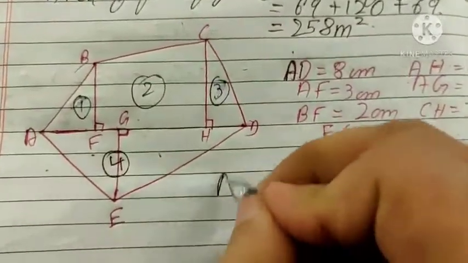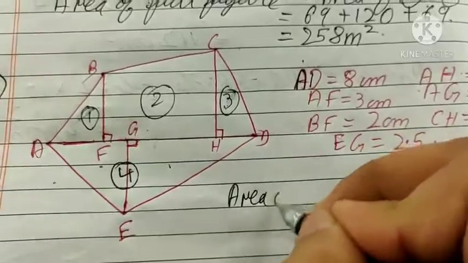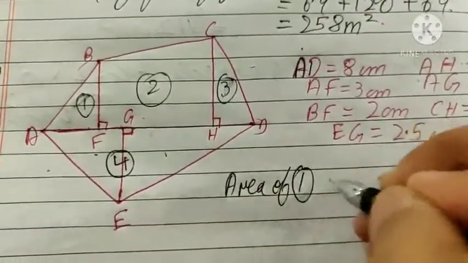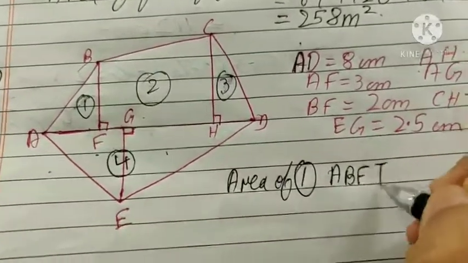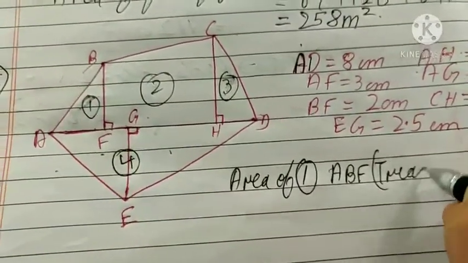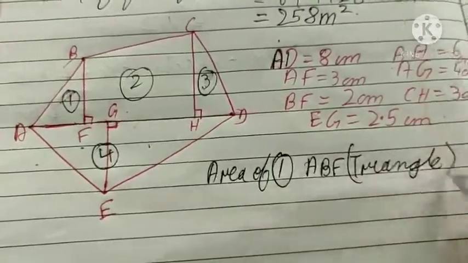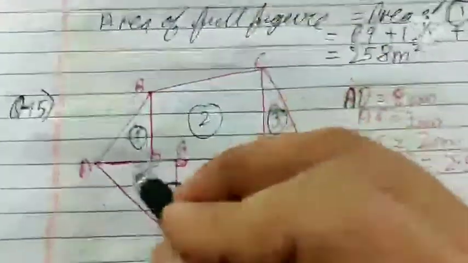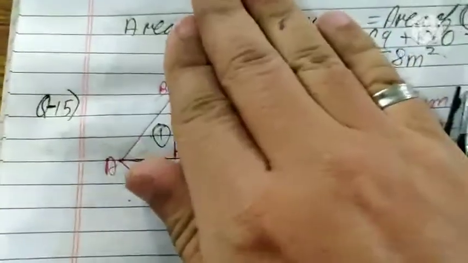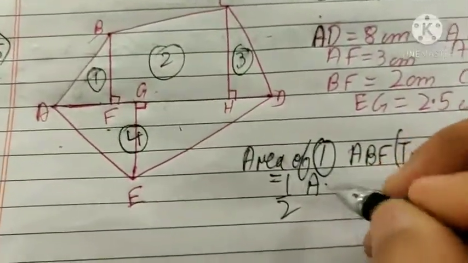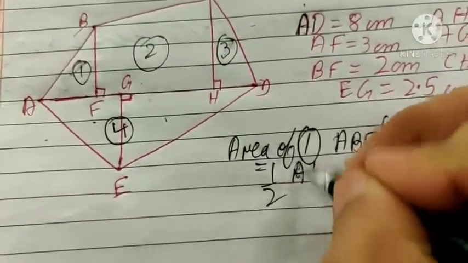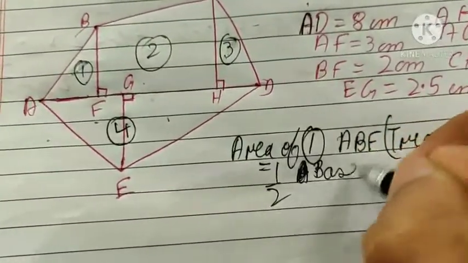So first, area of 1, that is ABF. It is triangle. Okay? So in this triangle, the area of triangle is half base into height.